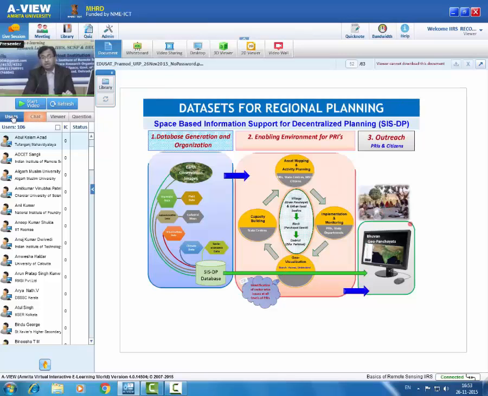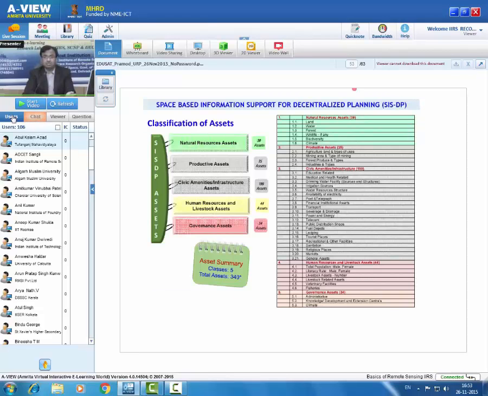And then finally the program is aimed at planning at panchayat level, that means outreach to PRIs, and a citizen approach is also required. As I told, the total 340 assets will be natural resources, productive, civic, human resources and governance assets.